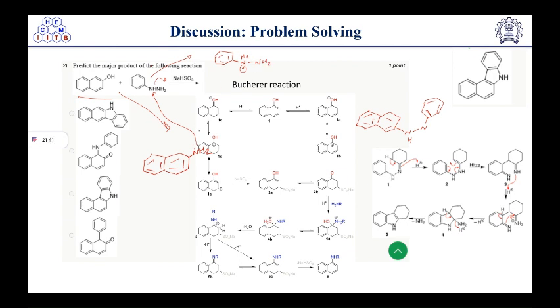So here this lone pair is attacking on this one to form the ring, then proton transfer will take place.